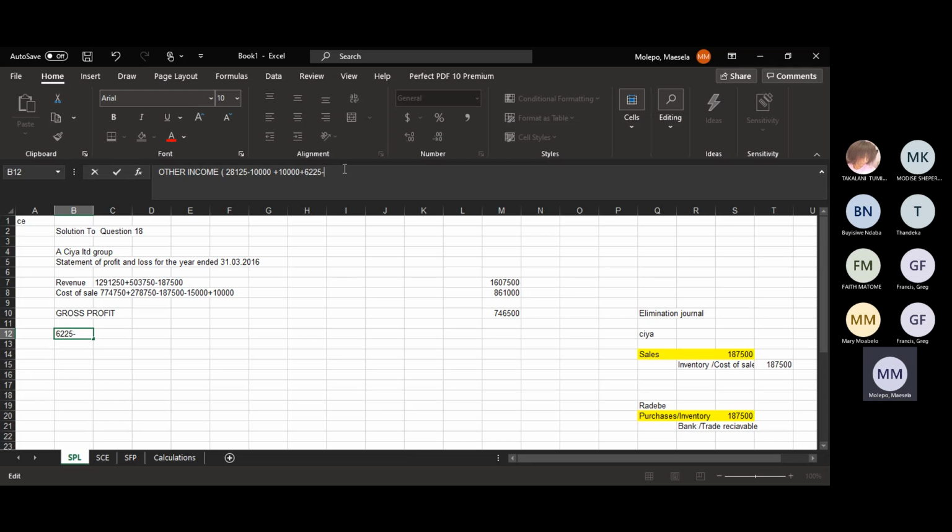He didn't purchase the whole amount which was issued by Hadebe, so we only focus on the one acquired by SIA. So we say 43,750 multiplied by 12%, which will be 5,250. So the 5,250 must be subtracted here.